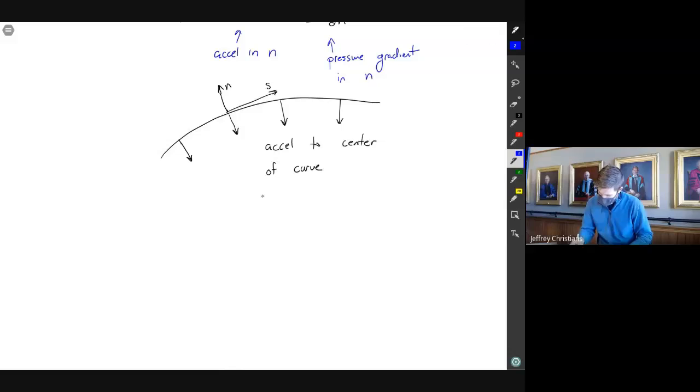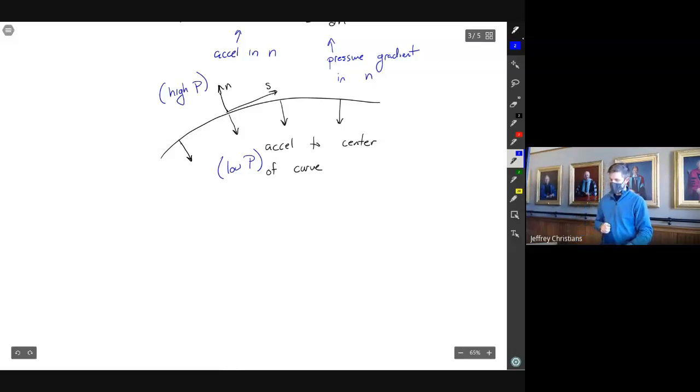This is our area of low pressure. That's our area of high pressure. You can think about it like high pressure is pushing and winning, and that's what's causing the acceleration. That's what's causing the curve. You get a low pressure at the center of a curve and a high pressure on the outside.